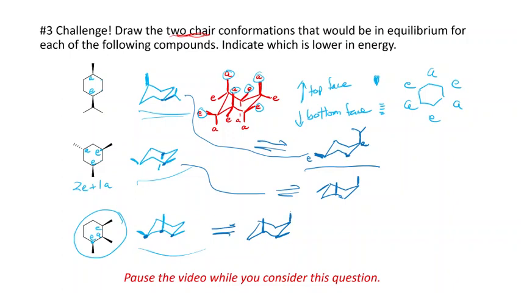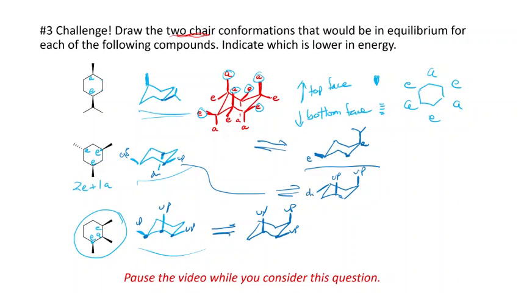The key is that in each case, whatever is up here has to be up here. In the second case, the one that was up here is up here. The next one's up. The next one's up. The next one's down. The next one's down. Just like that.